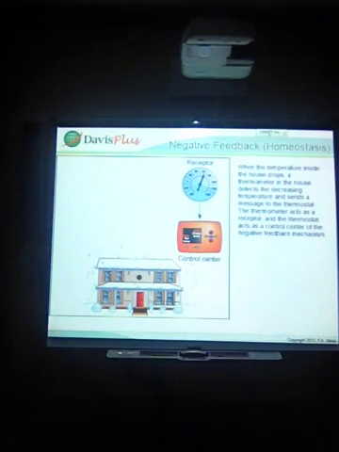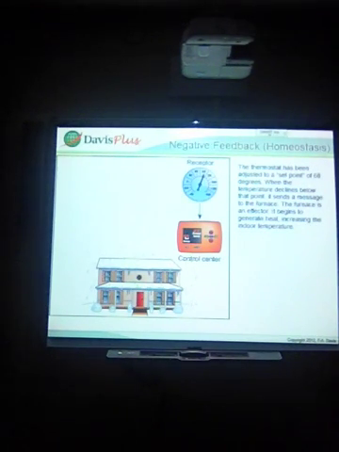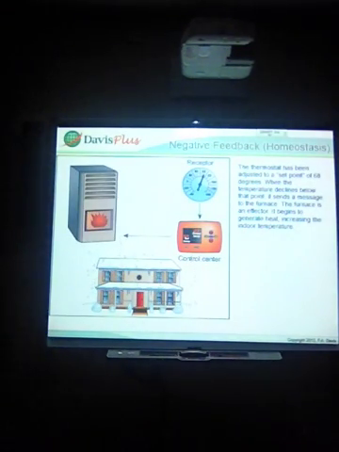The thermometer acts as a receptor, and the thermostat acts as a control center of the negative feedback mechanism. The thermostat has been adjusted to a set point of 68 degrees. When the temperature declines below that point, it sends a message to the furnace. The furnace is an effector. It begins to generate heat, increasing the indoor temperature.